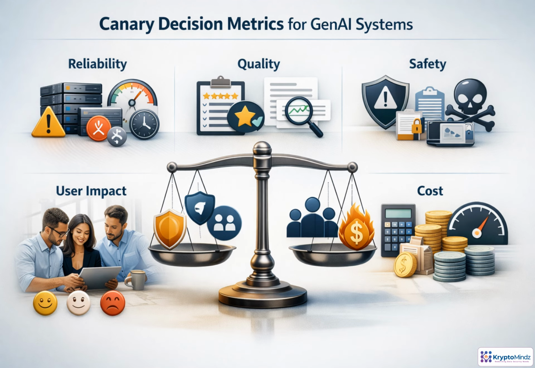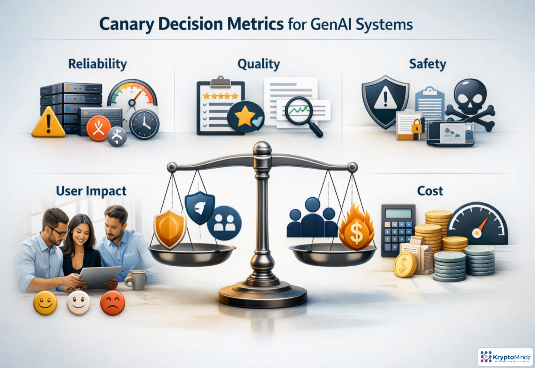For GenAI, Canary decisions need more than, is the service up? A model can be available and still produce unsafe, irrelevant, or expensive answers. Use a balanced scorecard. Reliability shows whether requests complete within acceptable latency and error limits. Quality shows whether answers are useful, grounded, and improving user outcomes. Safety checks for policy violations, prompt injection, data leakage, and tool misuse.